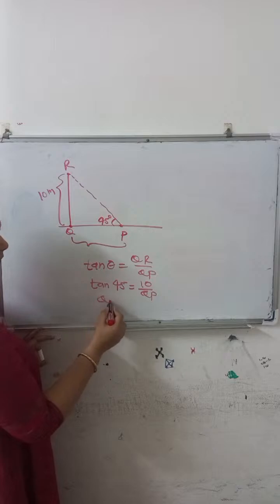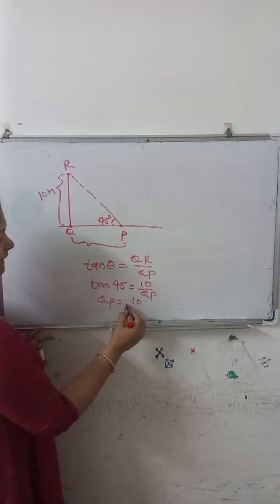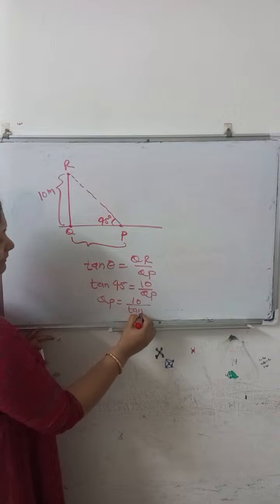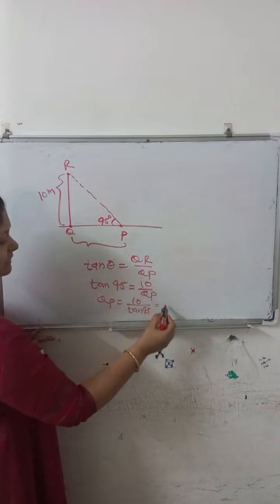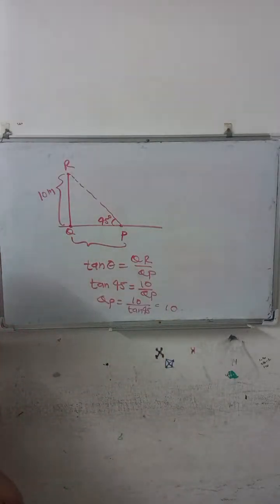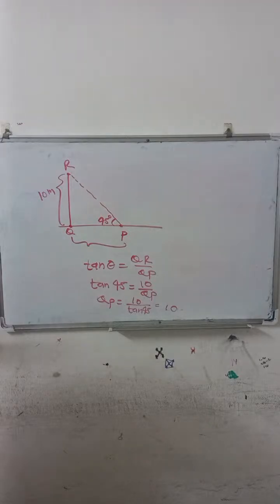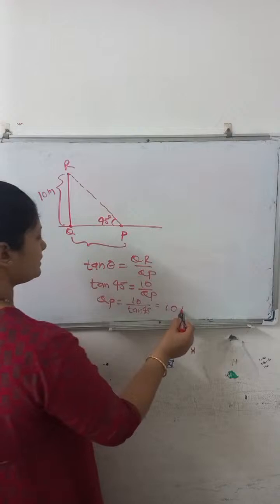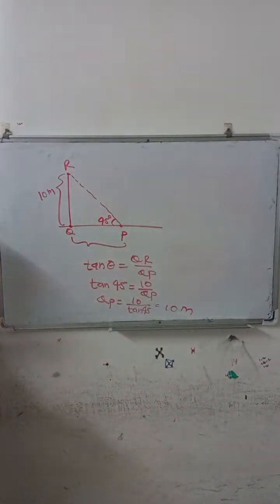So QP is 10 divided by tan 45, and tan 45 is 1, so QP is 10 meters. They gave 10 root 2 in the option, maybe options are given wrong. This is the correct answer. QP is 10 meters. Copy this.